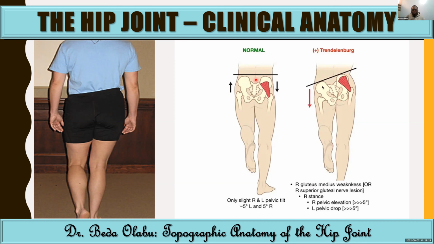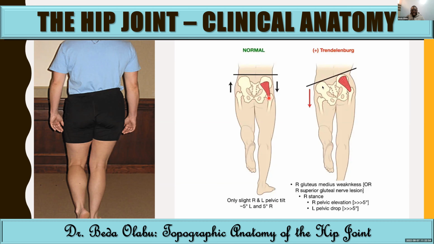Now look at the normal one first. If this limb is on the ground, like this patient's limb, and this limb is off the ground, like this patient's limb, there is a tendency of this pelvis to fall down. Now, to prevent it from falling, the contralateral hip abductors contract to stabilize this hip so that it doesn't sag on the side that is lifted.